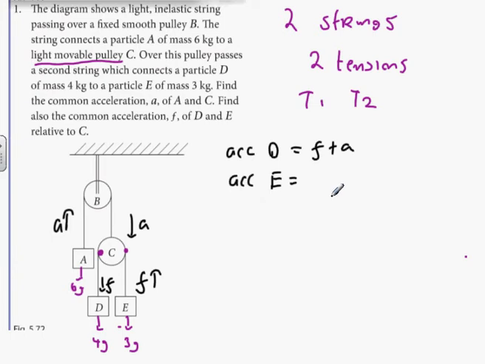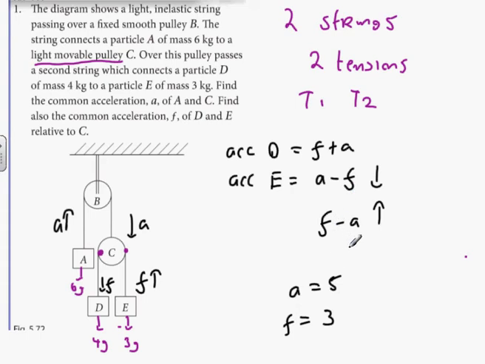Now, a minus f is under the assumption that overall it's going to fall. f minus a is under the assumption overall it's going to go up. An example would be a is 5 meters per second, f is 3 meters per second. a minus f is 2, so you're falling down at 2.